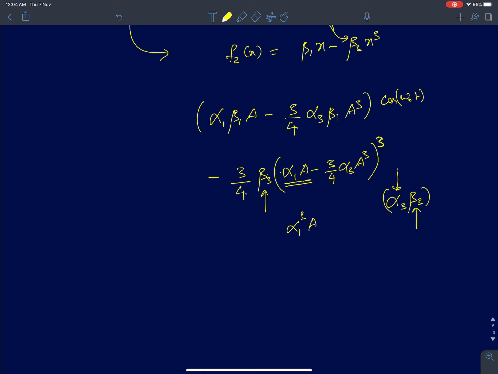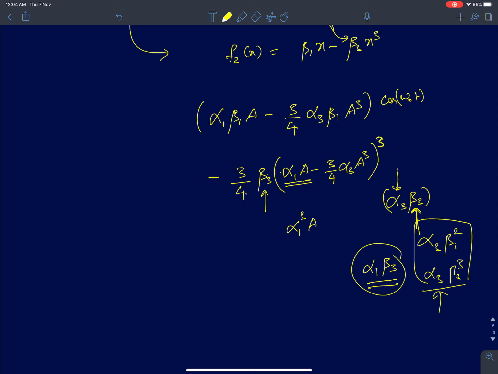And the product of alpha 3 into beta 3 is going to be much smaller than alpha 1 into beta 3, mainly alpha 1. Any term which has a product of alpha 3 into beta 3, or alpha 3 into beta 3 square, alpha 3 into beta 3 cube, these are all going to be much smaller. These terms are all going to be very, very small compared to alpha 1 beta 3, because alpha 1 is going to be very large. It depends on the signal level, but the product terms, I can ignore most of the terms.